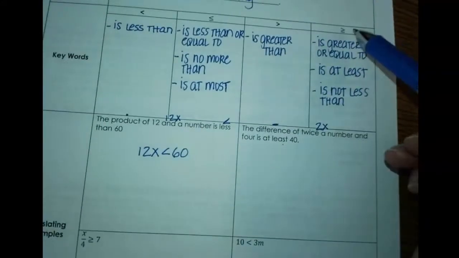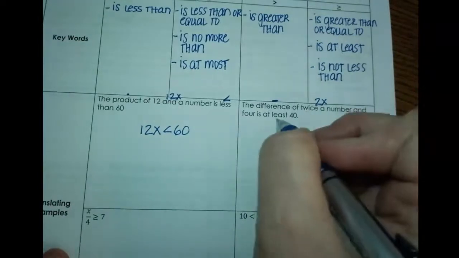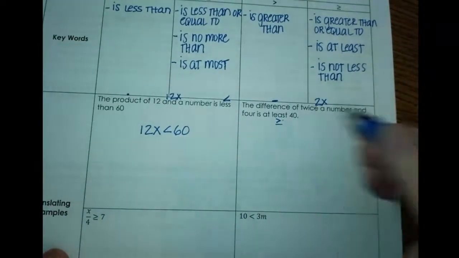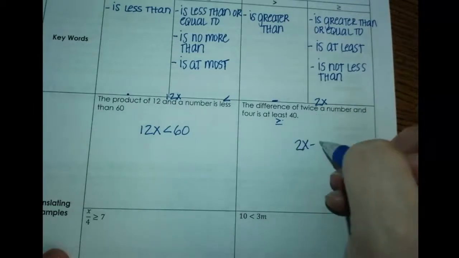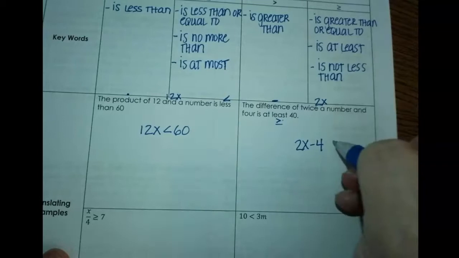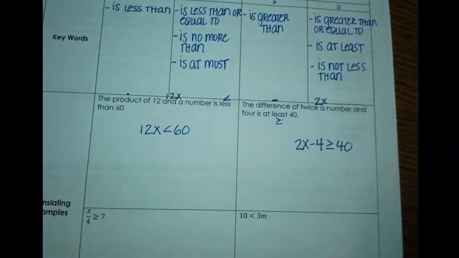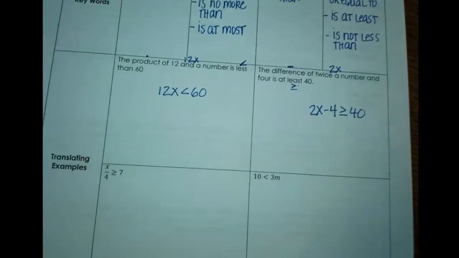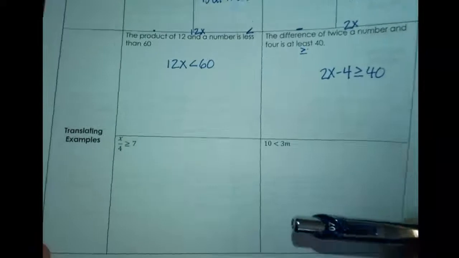That's a greater than or equal to, so I know we're going to use a greater than or equal to sign there, and 40. So the difference between 2x and 4 is at least 40. We could go on and solve that if we wanted to. Right now we're focusing on translating.